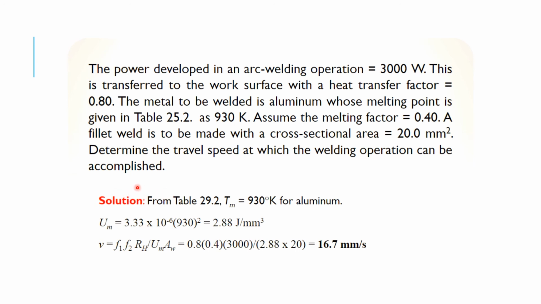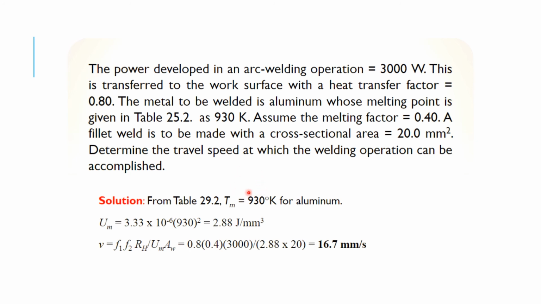K is 3.33 times 10 to the power of negative 6, times the temperature squared, with temperature in Kelvin, which is 930 K. So 930 squared, and you will get the value 2.88 joule per mm cube.